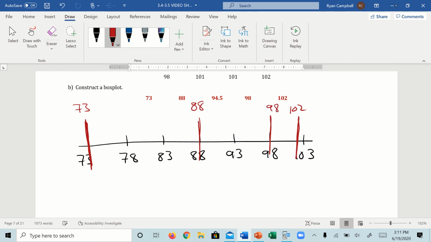We make a box around these two numbers. And then we see that 94.5 is going to go somewhere here-ish. So then we just draw the extensions. And there we go. We've done a box plot.